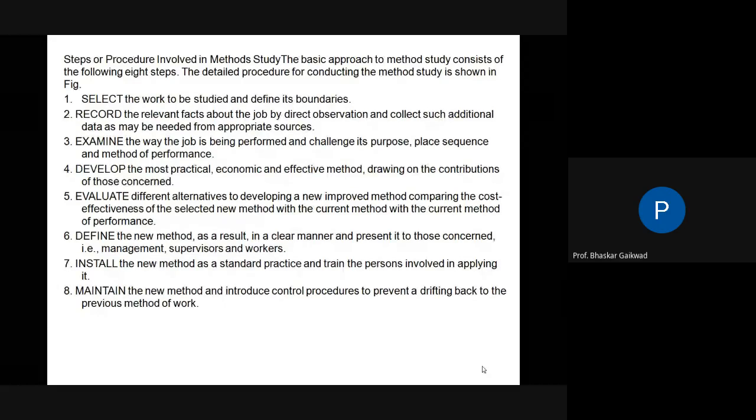Then if there is a good or positive response, you can go for installing and maintaining this process and show how your developed method is better than present methods. So the procedure for method study is this.